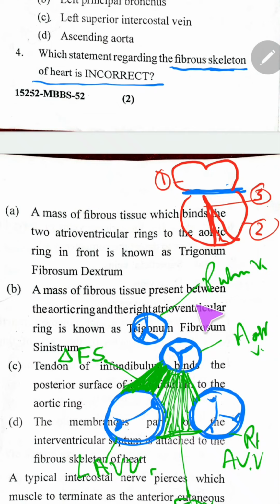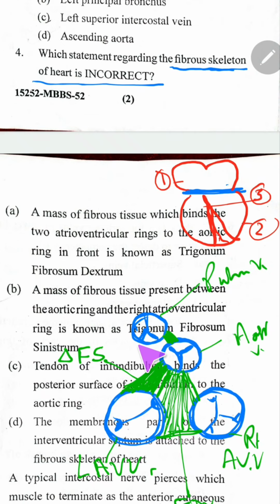Okay, and apart from this, there is also the tendon of the infundibulum, which connects the posterior surface of the infundibulum of the right ventricle, adjacent to the pulmonary wall, to the aortic wall. So all these 4 walls get support together, and all of it is made up of fibrous connective tissue.